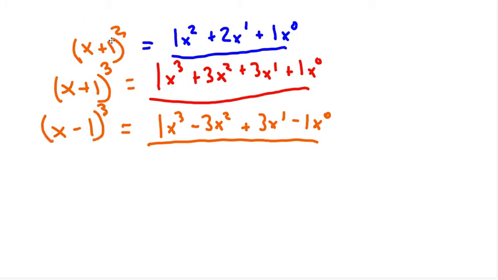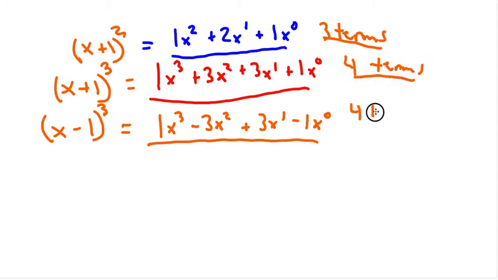Virtually the same numbers. We've changed the power. What did that influence? Well, 1, 2, after combining everything, 3 terms. After combining everything here, we have 4 terms. And wait, oh, 4 terms. What does this mean?